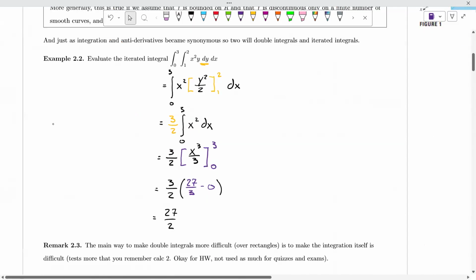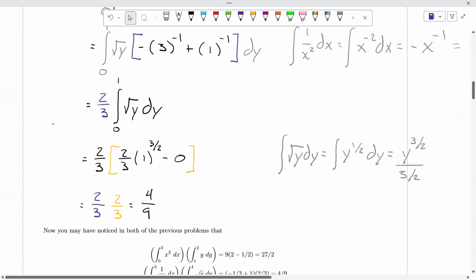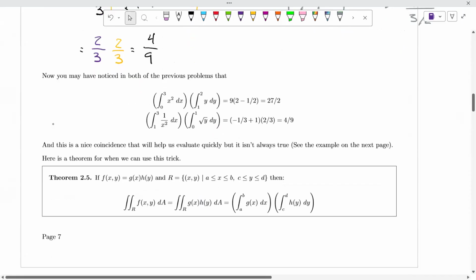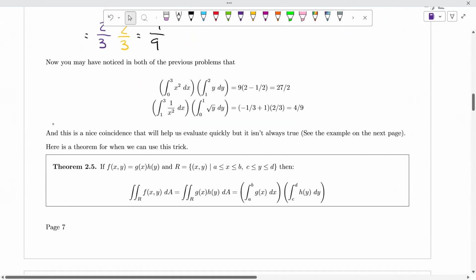Again, I just integrated y, completely ignoring x, and integrated x, wishing I could completely ignore y. I find that the result of these iterated integrals just ends up being the product of two single integrals, going back to our Calc 1 ideas. And that is a unique property of separable functions.